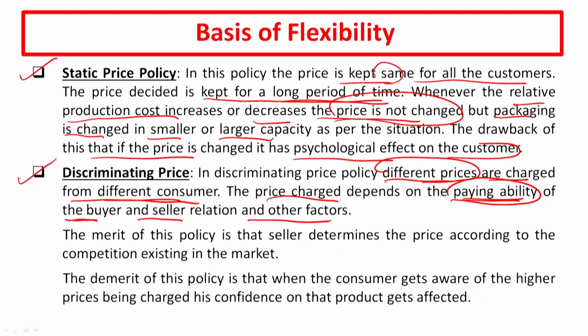The merit of discriminating price policy is that the seller determines the price according to the competition existing in the market, which means the price is determined based on the cutthroat competition existing in the market.